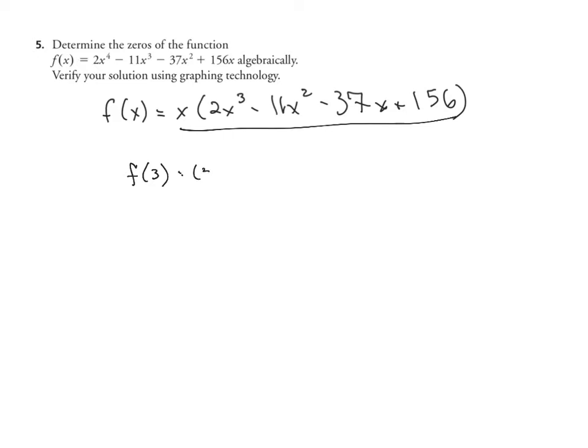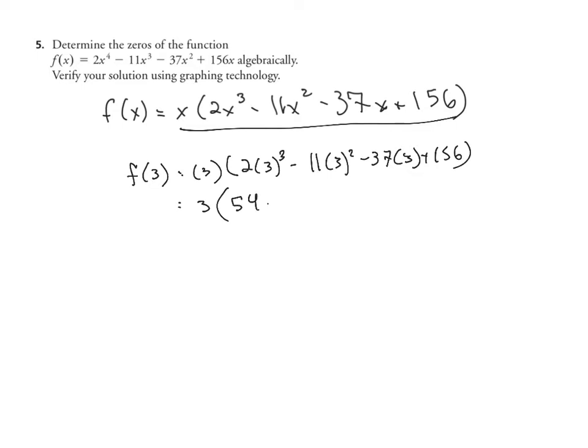So this is going to be, x is 3, 2 times 3 cubed minus 11 times 3 squared minus 37 times 3 plus 156 equals 3 times, this is 54 minus 99 minus 111 plus 156, is 3 times 210 minus 210.